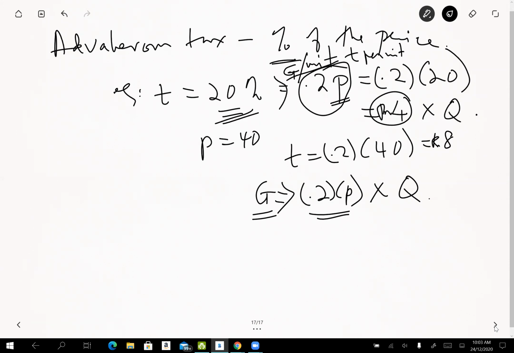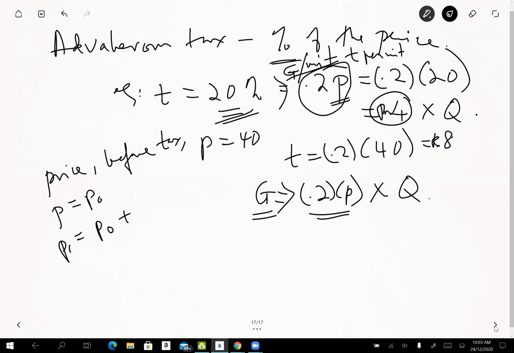So if you look at the change in the price, the price before the tax, we call it P equal to P0. And then the price after the tax will be P1, equal to P0 plus the increase in the price.